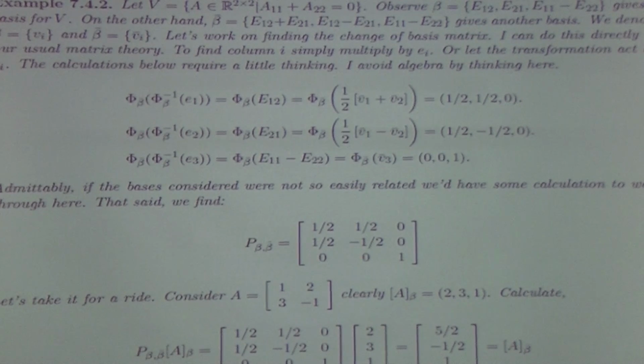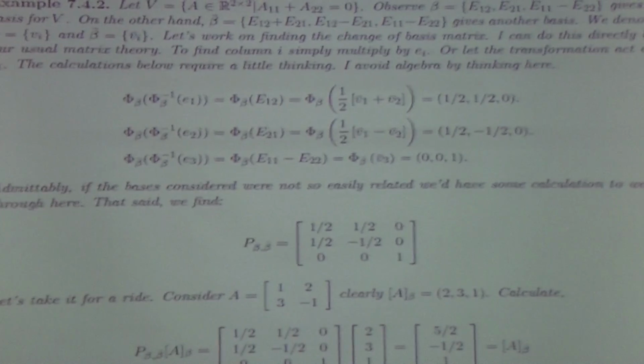Just to be gory, to be explicit, let's see here. A is 1, 2, 3, minus 1. Thankfully in math, explicit has a different meaning. It's 2 times 0, 1, 0, 0, plus 3 times 0, 0, 1, 0, plus 1 times 1, 0, 0, minus 1.